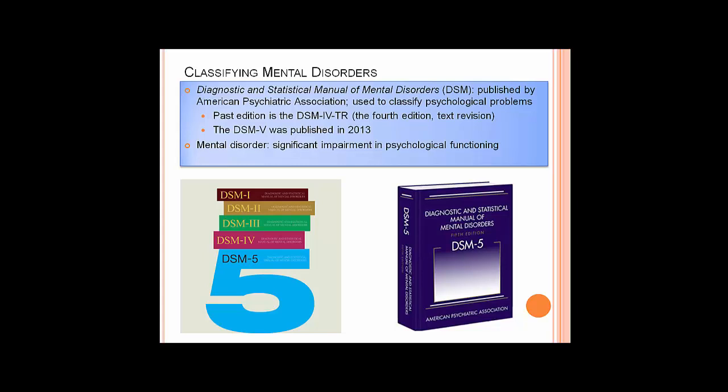There may be a DSM-5R now. It's going to be coming out really soon if it's not out already. So in the context of the DSM-5, or the Diagnostic and Statistical Manual of Mental Disorders, a disorder is a significant impairment in psychological functioning.